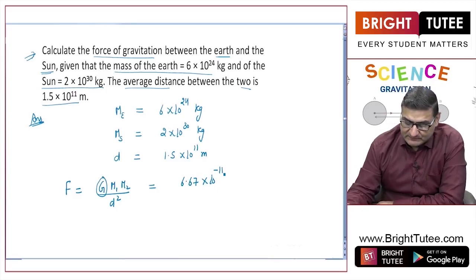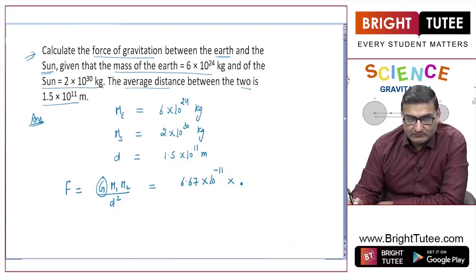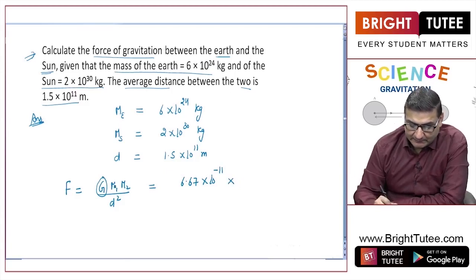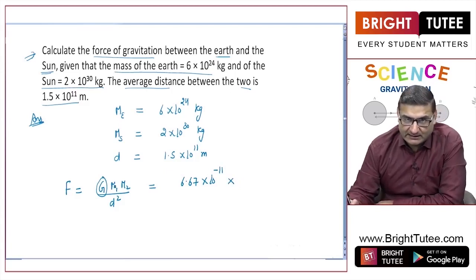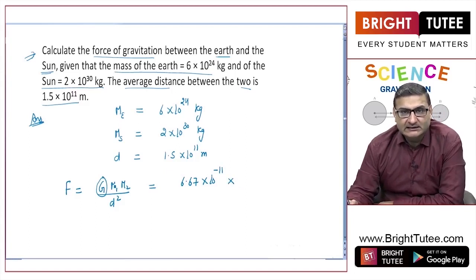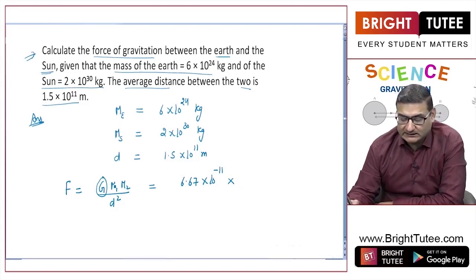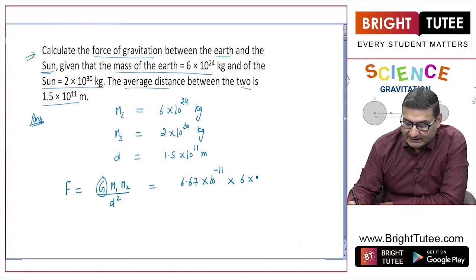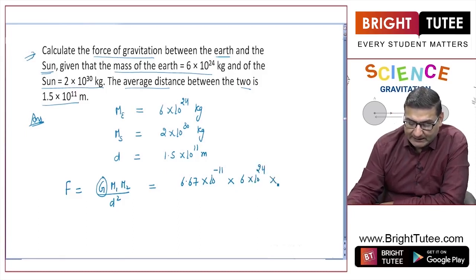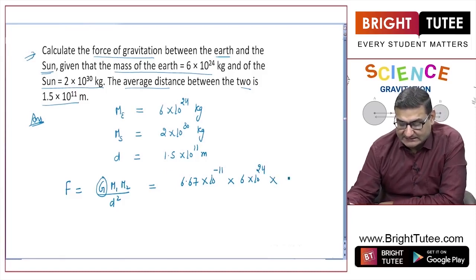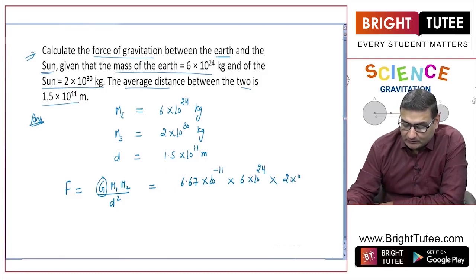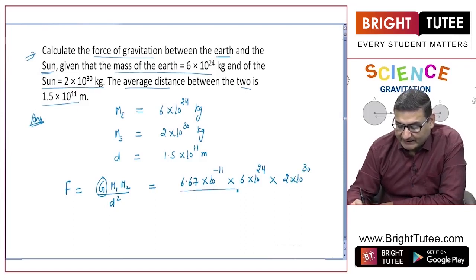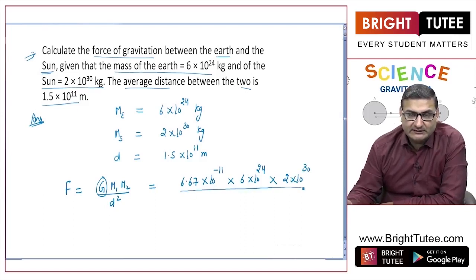Putting the other values given to us in the question: the first object is the earth, the second one is the sun. The mass of the first object, the earth, is 6 into 10 to the power 24 kilograms, multiplied by the mass of the second object, the sun, which is 2 into 10 to the power 30 kilograms, divided by the square of the distance.